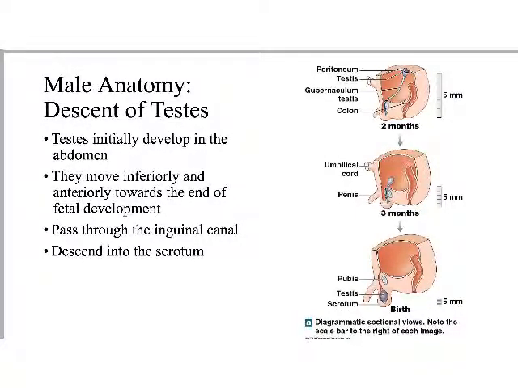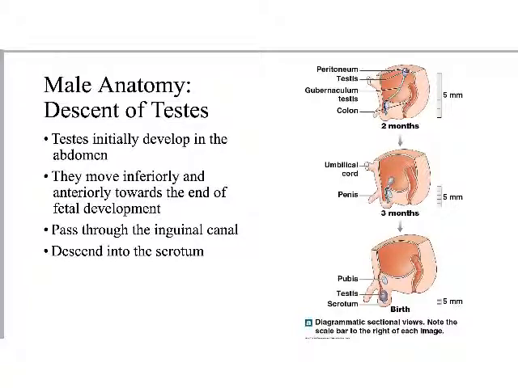Okay, but we're going to start with the male anatomy, and we'll start with the gonads. In the male, remember, the gonads are called the testes. What's interesting about fetal development is that at a very early stage, we are neither male nor female, anatomically speaking, when we're an embryo. If you have a Y chromosome, that Y chromosome will produce testosterone, and the testosterone will trigger a series of events that leads to the production of male anatomy.